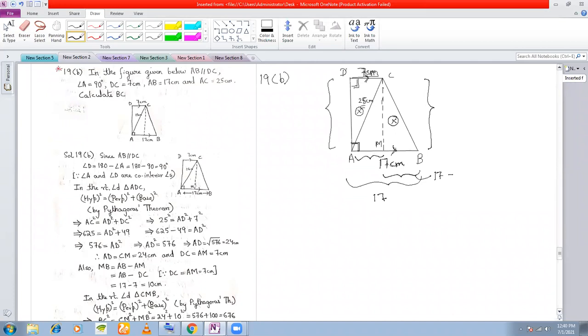AM. This length is equal to this length DC, right? So this length is 17 minus 7 equal to 10. So you know this dotted line CM, you know this line MB base. You can calculate the hypotenuse BC, right? That is how we calculate. So let us proceed with calculating AD.